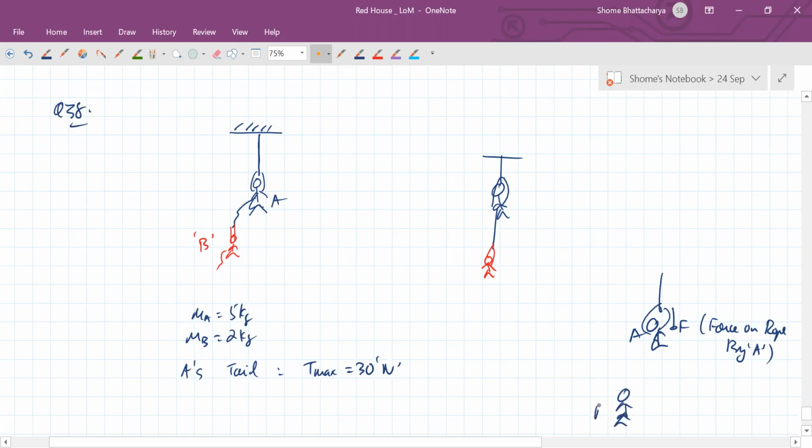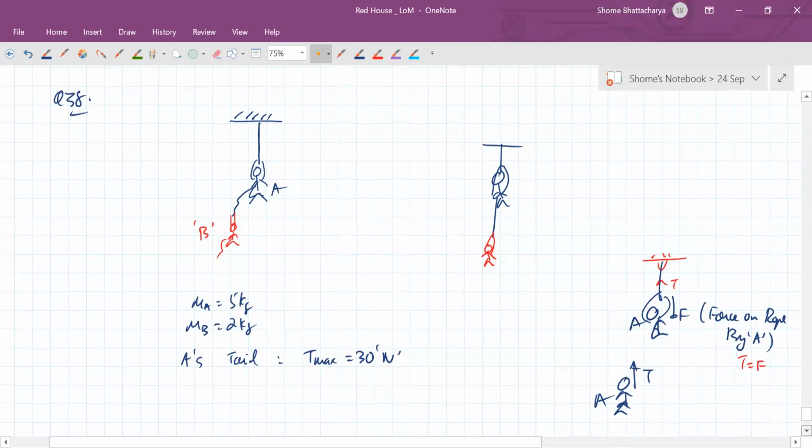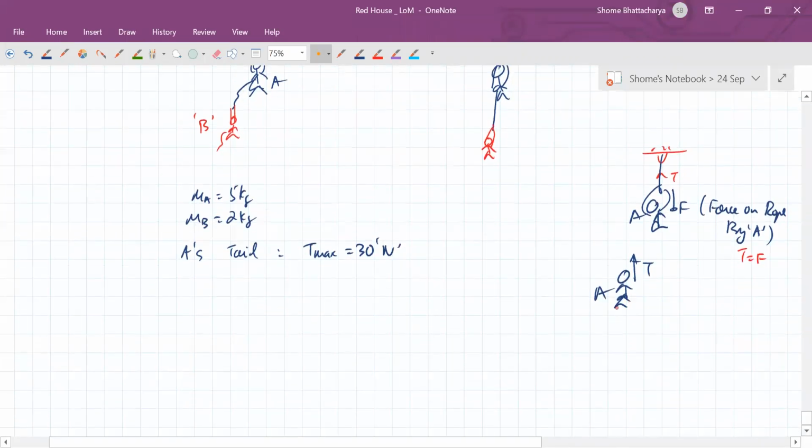The forces acting on him will be equal and opposite tension in the rope. Okay, so whatever force A is pulling the rope down by, that will become the tension in the rope. So that will act on A. Okay, and then let's say A's tail is experiencing some tension.